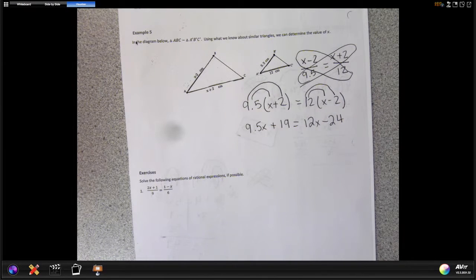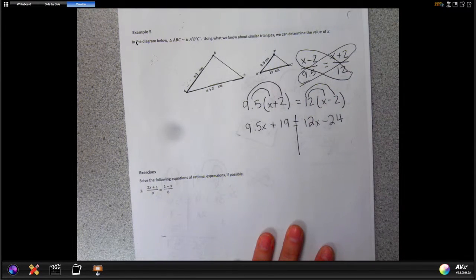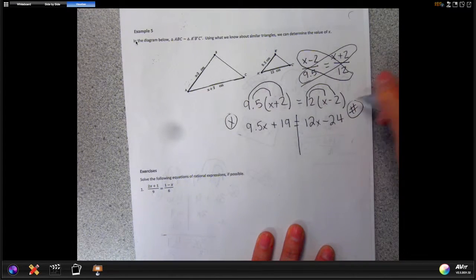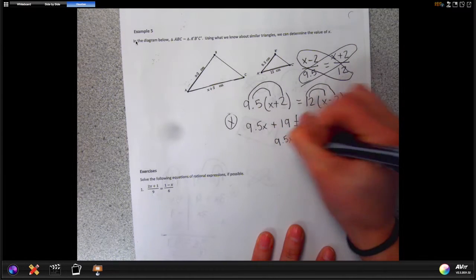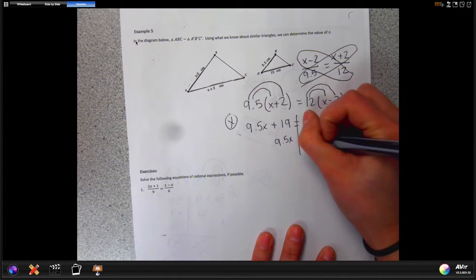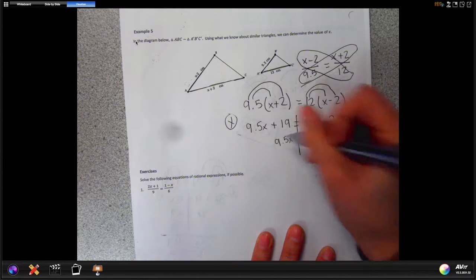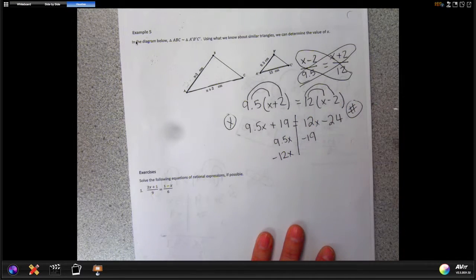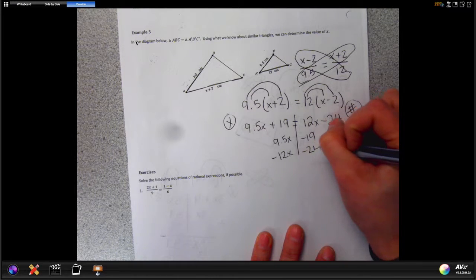And then you no longer have parentheses, and you have this linear equation, so you can solve it traditionally or you can solve it using the chart. I'm going to solve it using the chart. X is on the left, numbers on the right, so 9.5x gets to stay. 19 has to go over here and is now negative 19. 12x has to jump the line to get to its home, so it's negative 12x over here, and negative 24 stays here, so it stays negative.